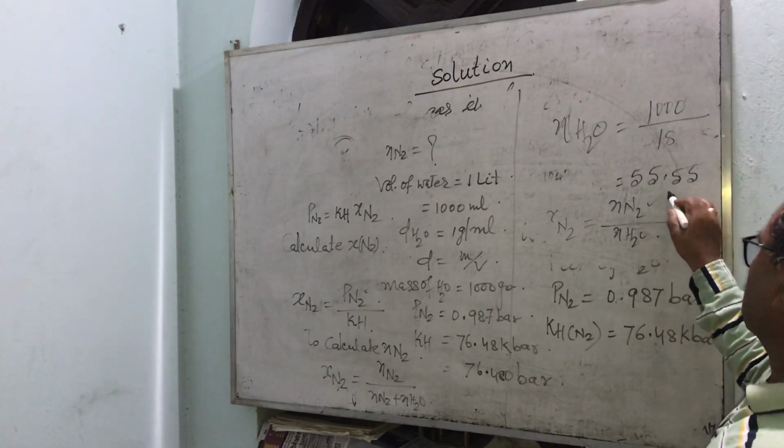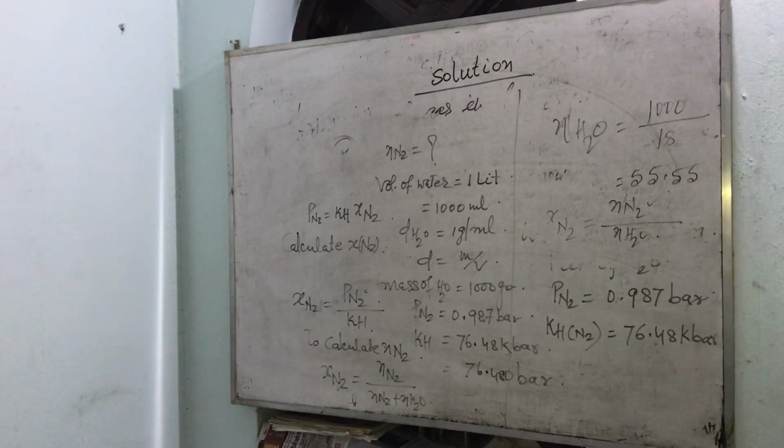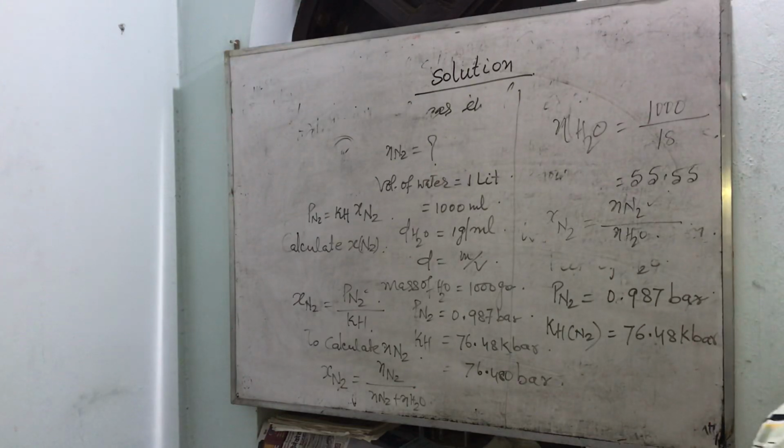If the number of moles is known, since it is present in 1 liter, it is converted into millimoles, and the problem can be solved. There are so many problems.